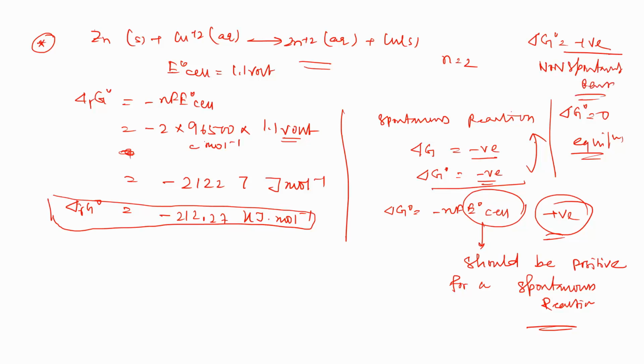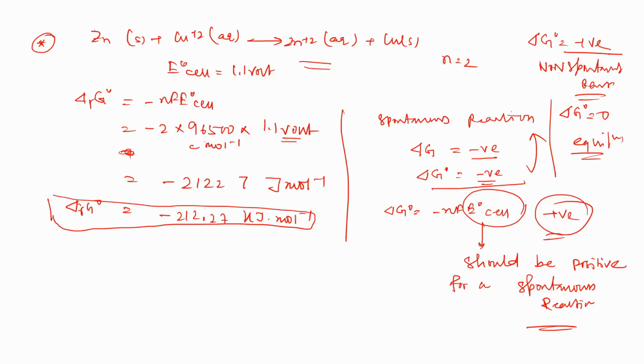This will also be very important for the MCQ. They will give some E0 cell value of the half cells, and we have to say whether the cell will be a spontaneous redox reaction, non-spontaneous, or at equilibrium.